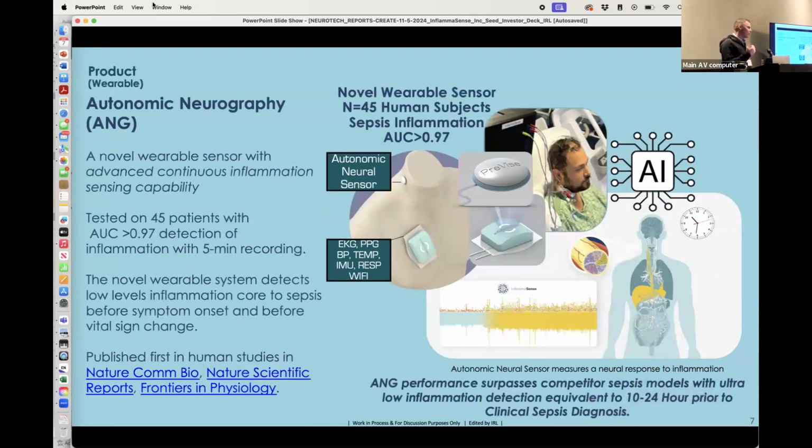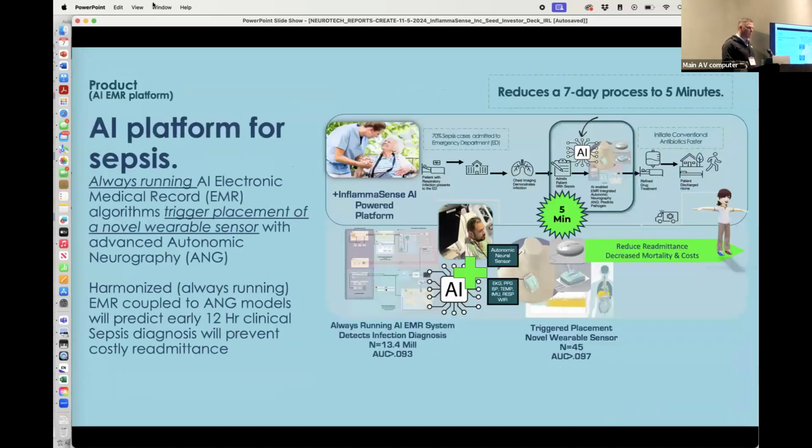Our novel sensor, again, is an array that's placed in this real estate over the neck, and it measures neural firing and every single vital sign you can think of at the bedside that you would obtain from the ICU. The concatenated model brings together the EMR data plus our neural data.